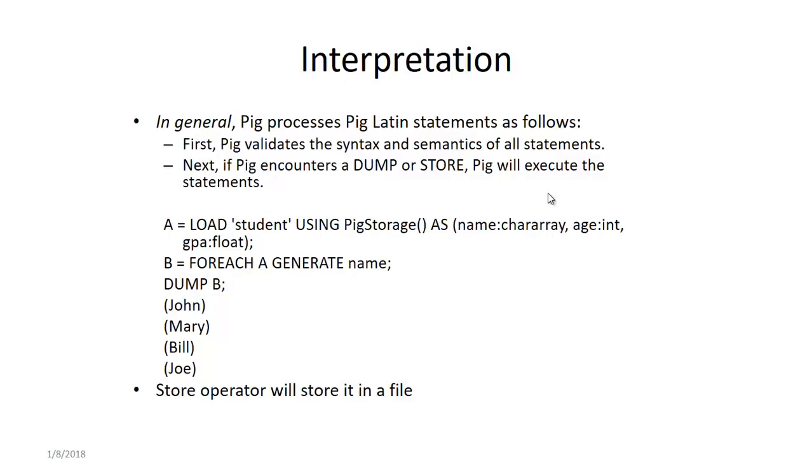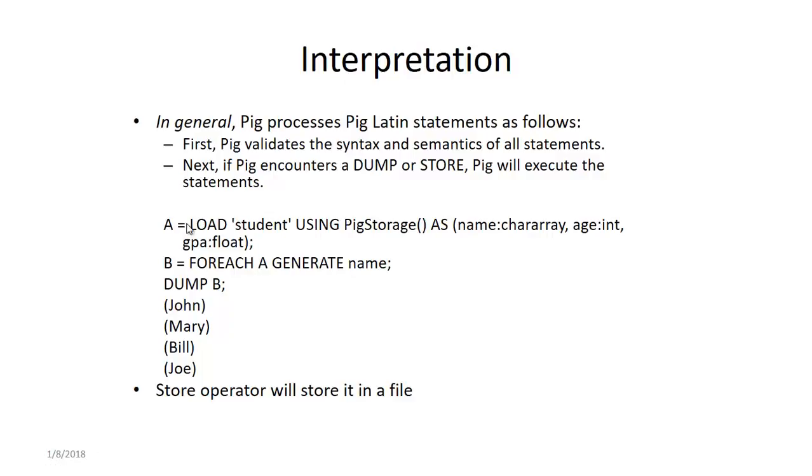So what is a Pig Latin script? Here you can see A equals to, where A is nothing but the relation name, or you can understand it as a step. This is our first step, and we have given the name A to this step.